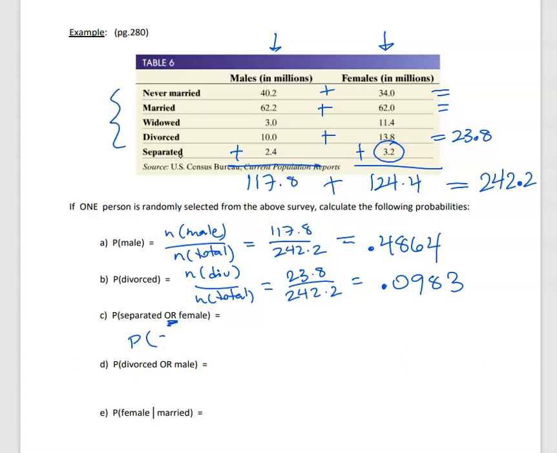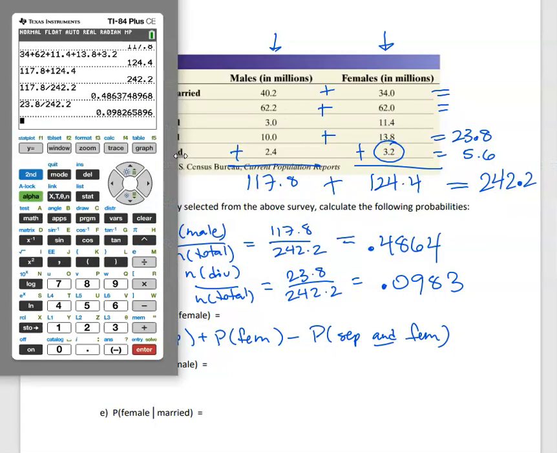So this is going to be the probability of separated plus the probability of female minus the probability of being both separated and female. And so we should add up separated people, which, we add these together, that's 5.6. We add up the females, we already had it, that's this number, the 124.4. And then the people who are both are the 3.2.